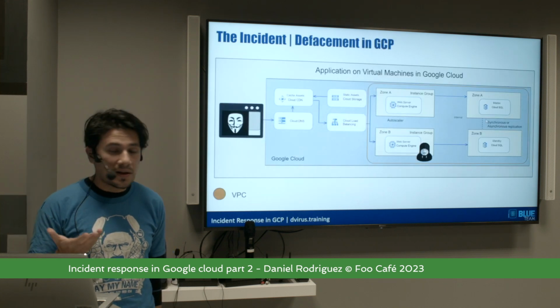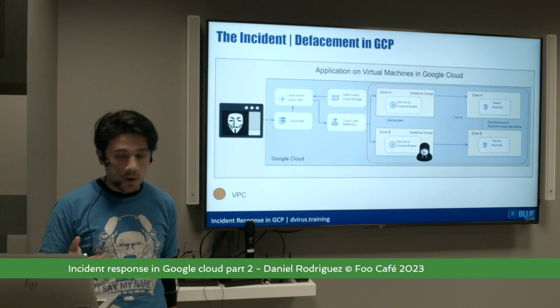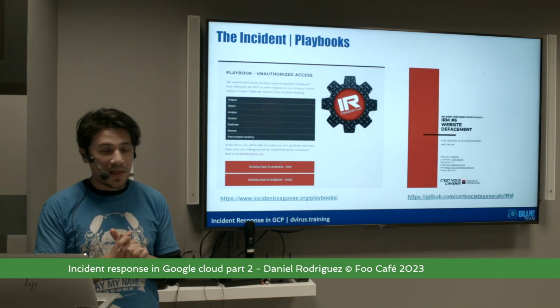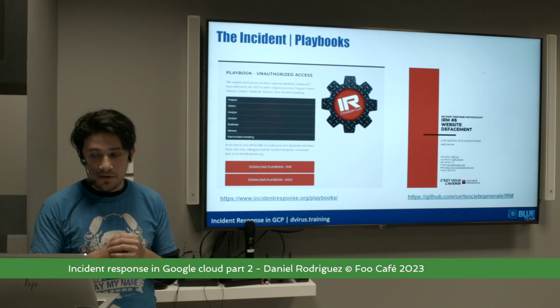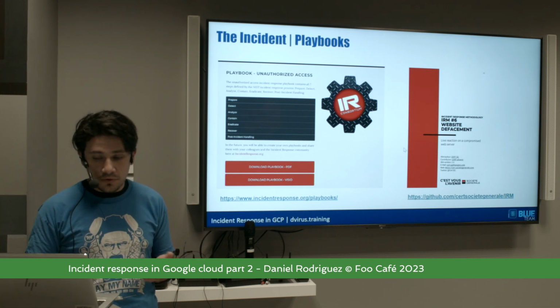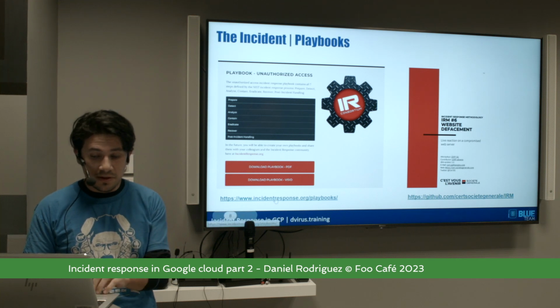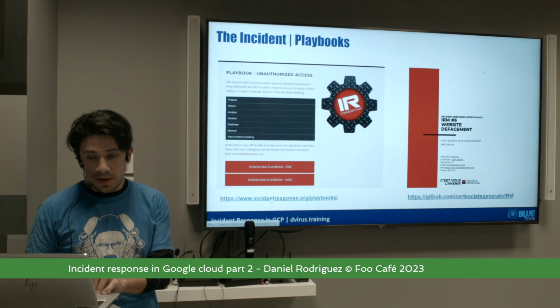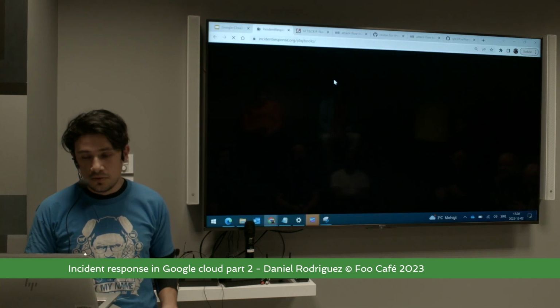So when something like this happens, some mature companies say, okay, we have a playbook for this. If you have never worked with a playbook, there are 2 good resources, completely free. The first one is incidentresponse.com/playbooks. I will open this to show you.